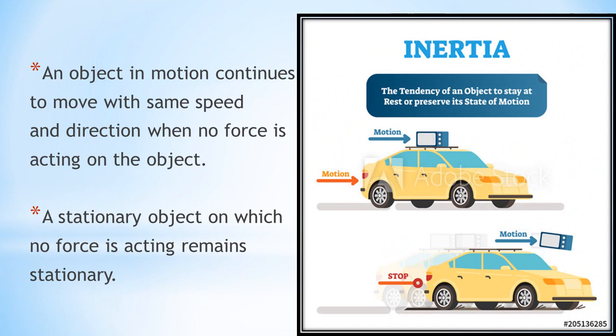So basically inertia is also called Newton's first law of motion. You can see in the picture also, inertia is the tendency of an object to stay at rest or preserve its state of motion. That means it will keep moving continuously in the same direction and at the same speed.